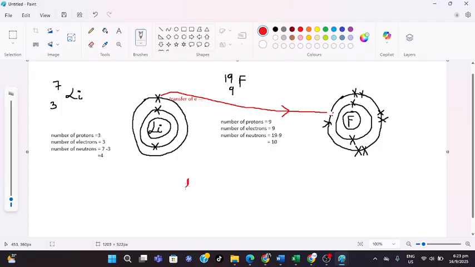When you lose an electron, this is how we have it now. When you lose an electron there, you might have a proton. So he's going to have three protons, and protons are positive.